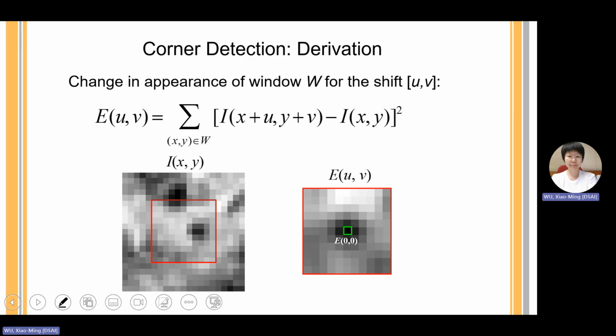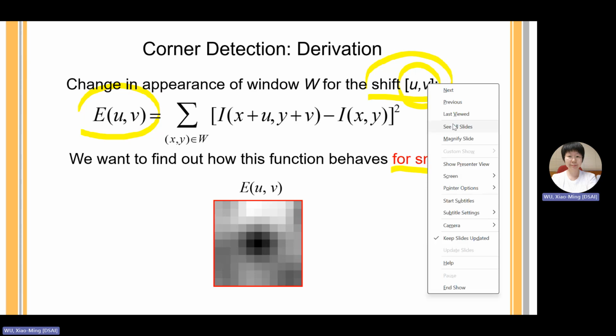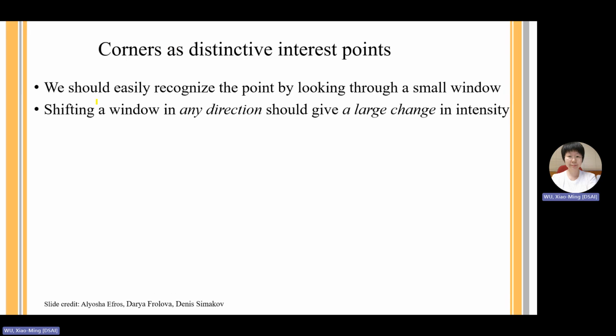Now let's take a look at the mathematics. How can we compute this? Once again, we only measure small shifts, because we want to be able to use image gradients to represent these changes. For another, if U and V are too large, we only want to shift the window locally.